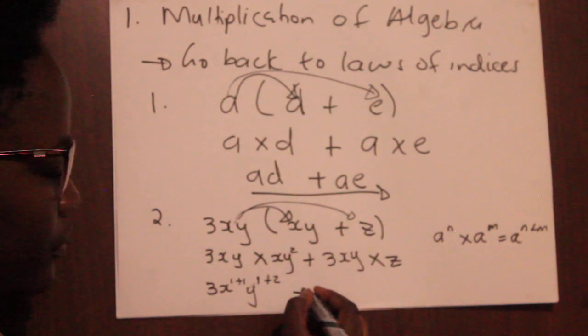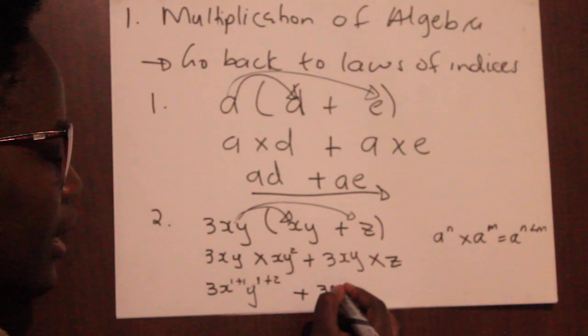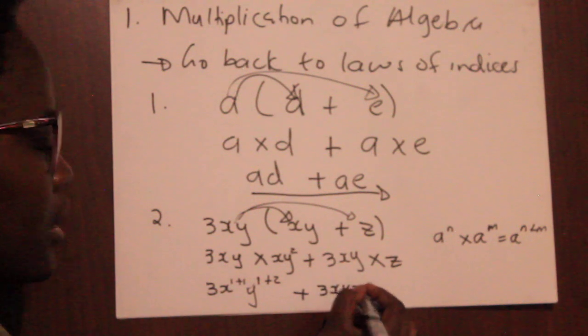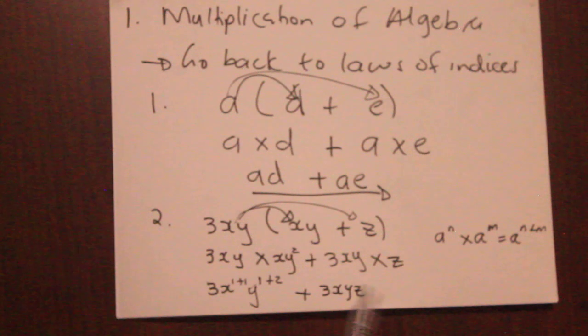Plus 3xyz. Do you know why 3xyz? That's because here we don't have common indices. This is z and this is xy, so it just becomes xyz, sorry, 3xyz.